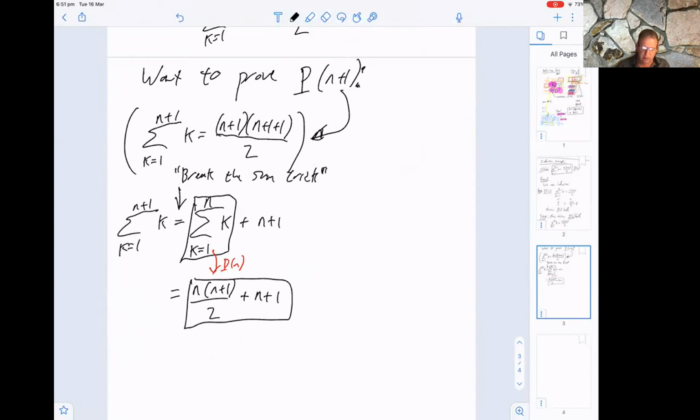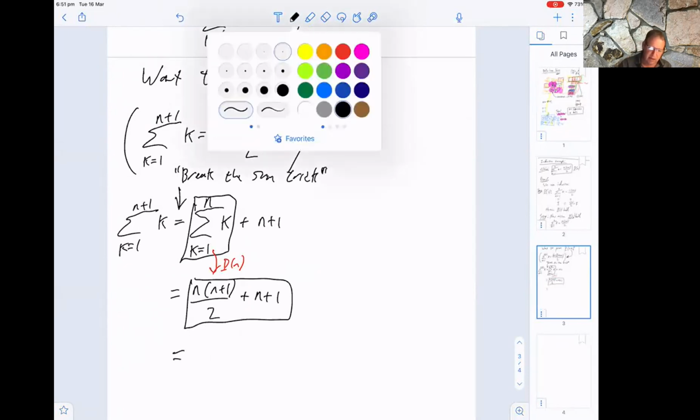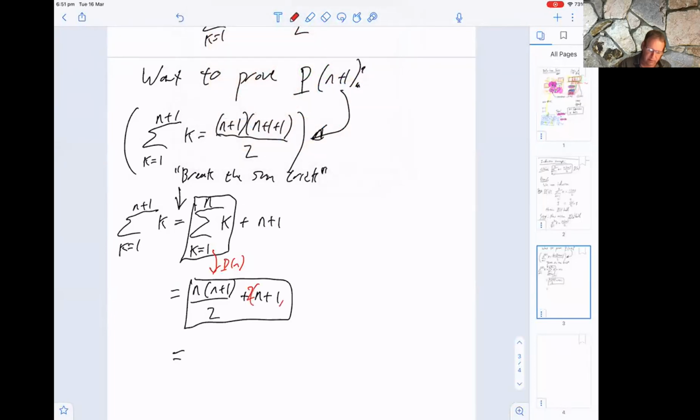At this point, what we can do is some algebra. Maybe we multiply this by 2 and divide by 2, for example.